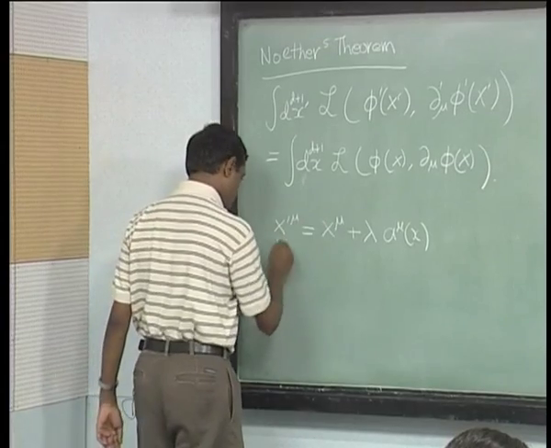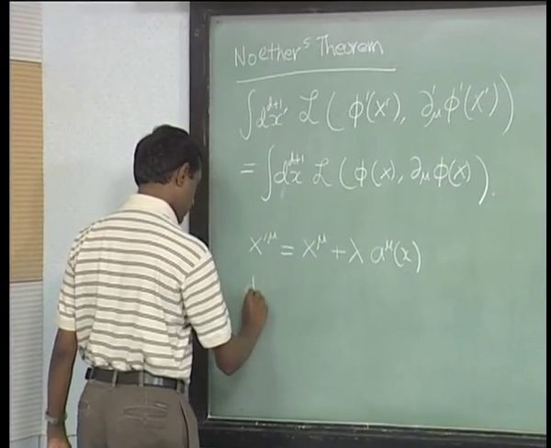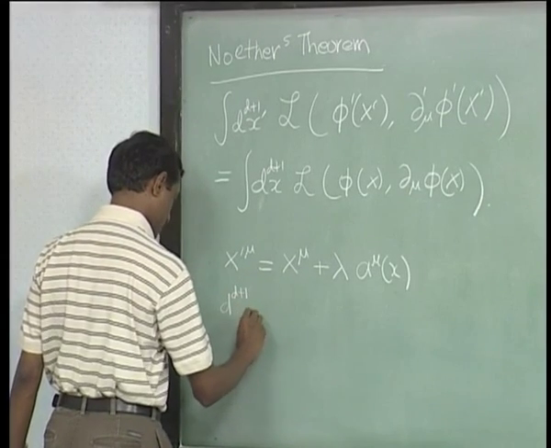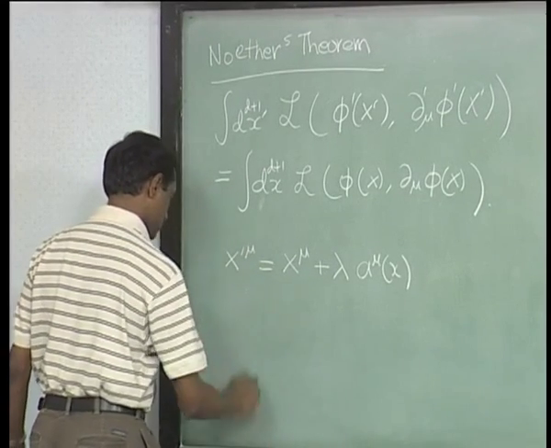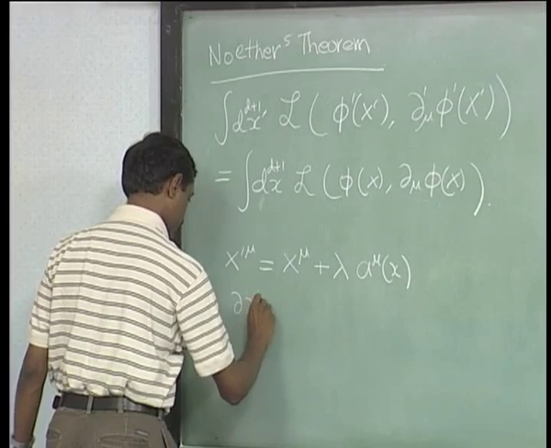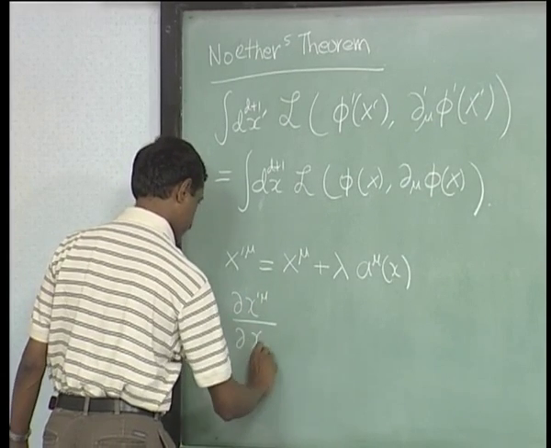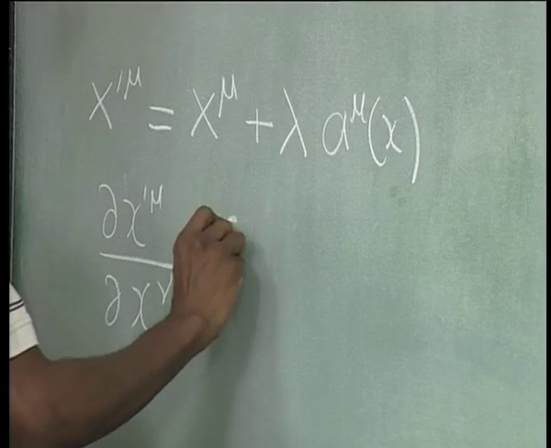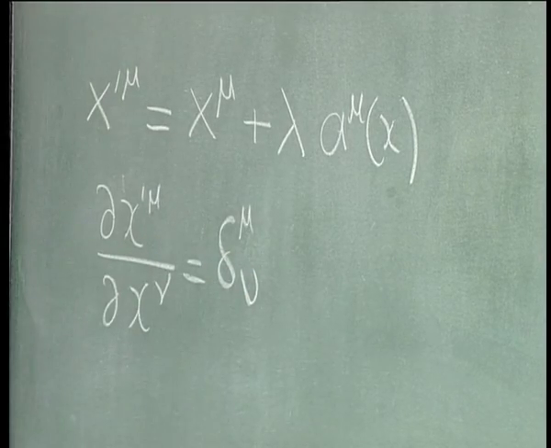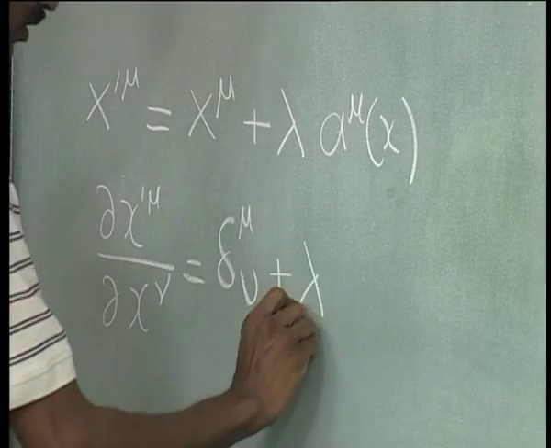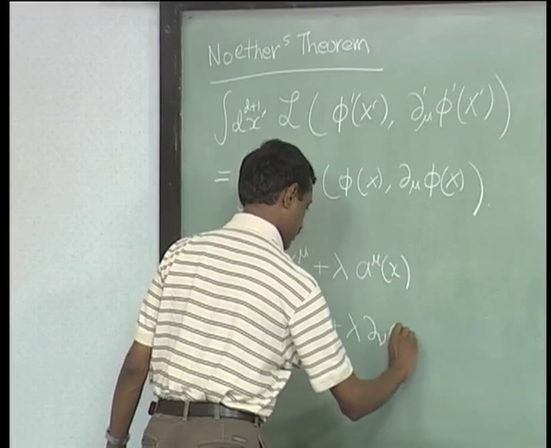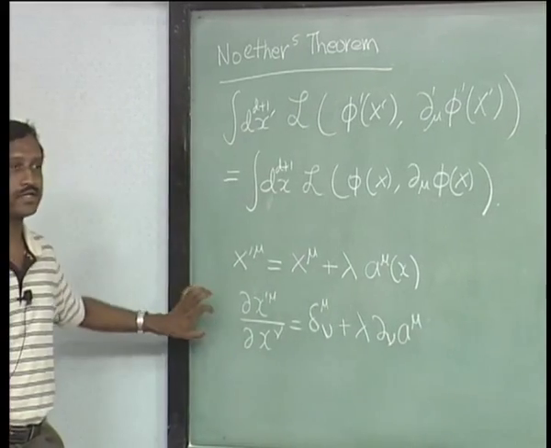Okay. So, the standard thing is to say that d^(d+1)x prime, so let us write out the Jacobian.